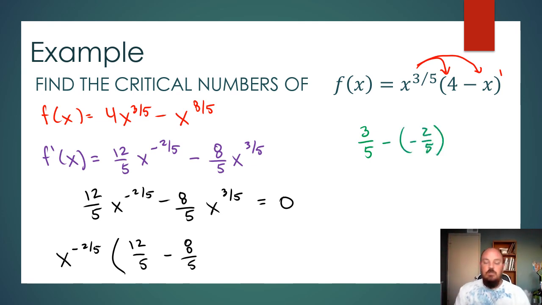I'm starting with the 3/5 power. I am dividing out -2/5, or subtracting it. Now see, when you subtract a negative, you get a plus. When you add it up, you get 5/5, which is actually just 1. So what you get here is just x.